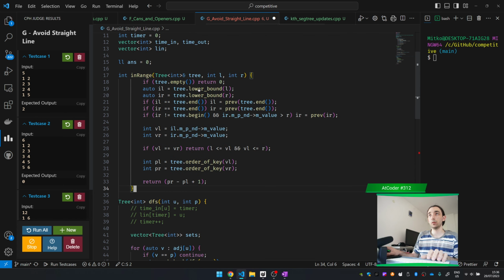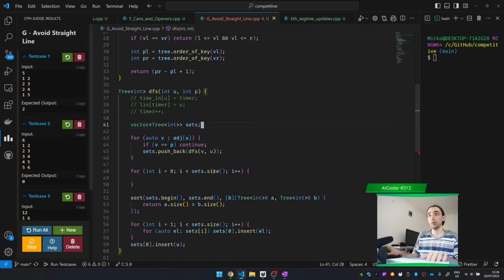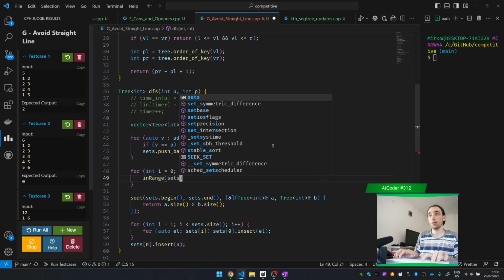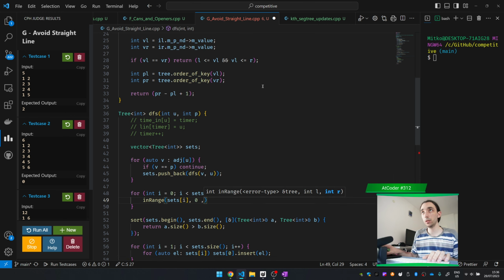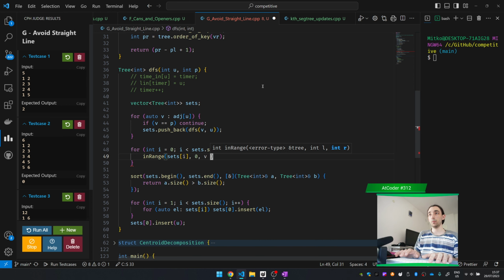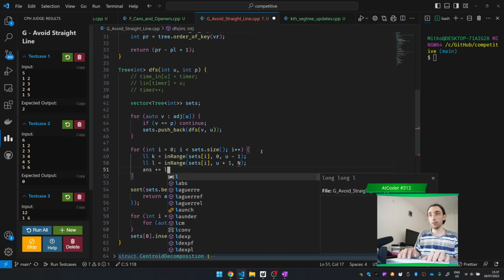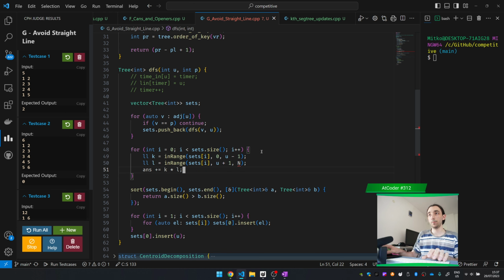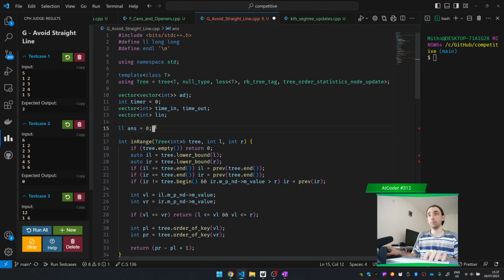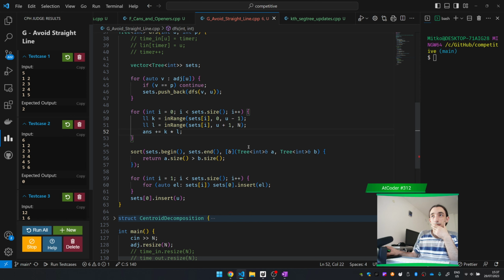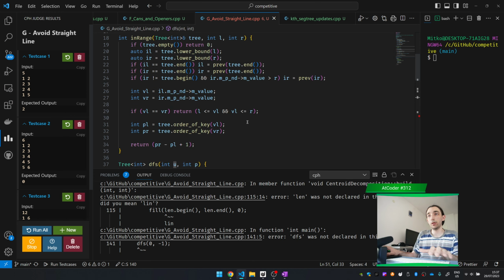There's a function I wrote, how many are in an interval, and you can call this function with sets at I, with an interval from 0 to u minus 1, which is k, and then L from u plus 1 to n. The answer is k times L.